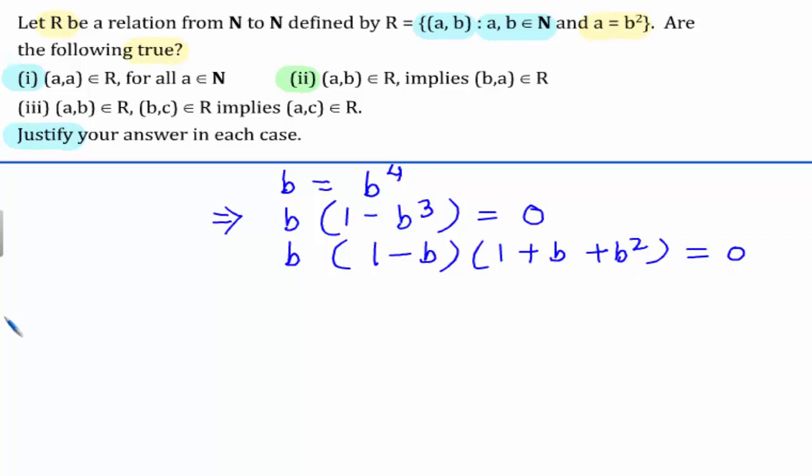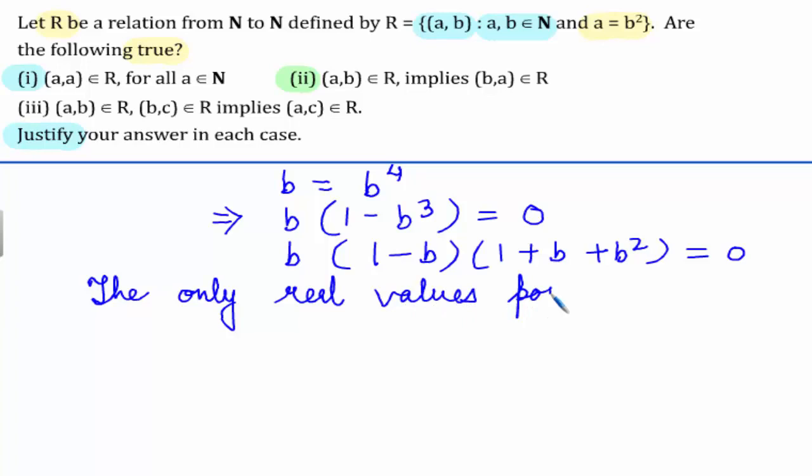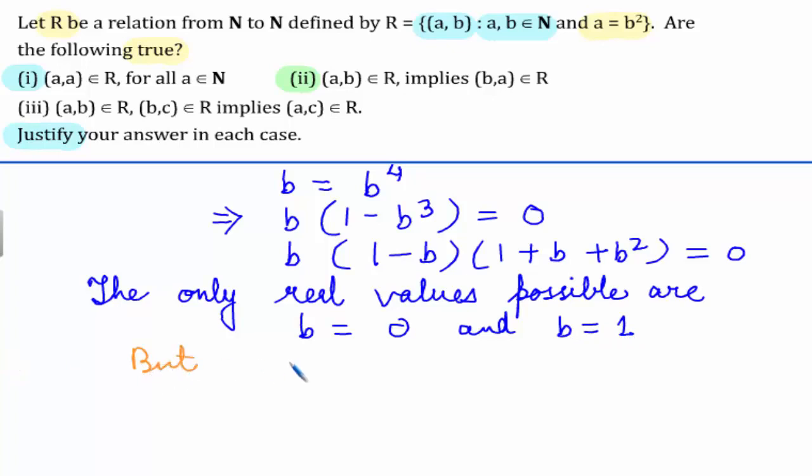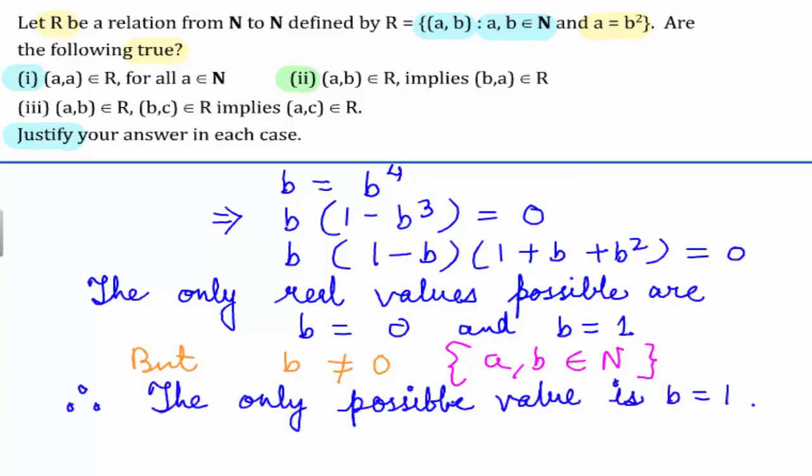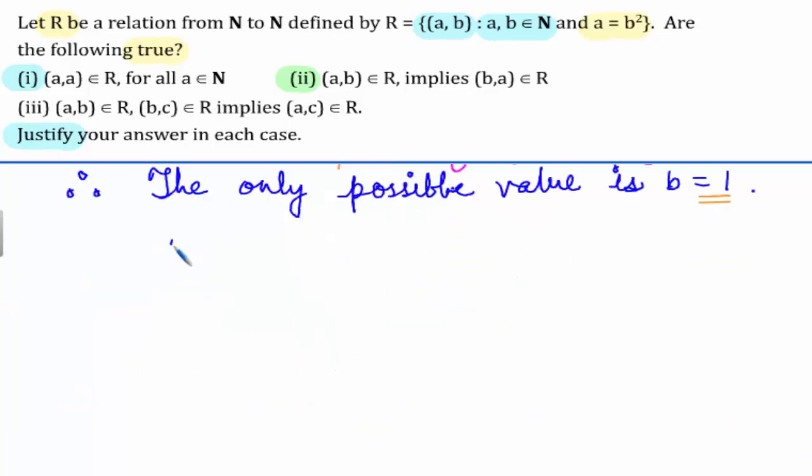So the only real values possible are b is equal to 0 and b is equal to 1. But b is not equal to 0, because we know that a and b belong to the set of natural numbers N. Therefore, the only possible value is b is equal to 1. Therefore, a is equal to b is equal to 1.